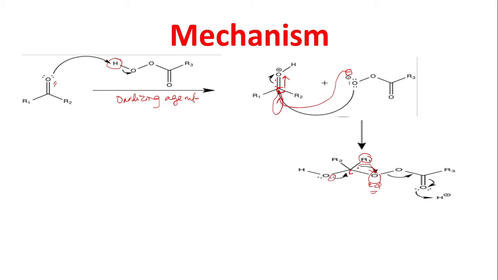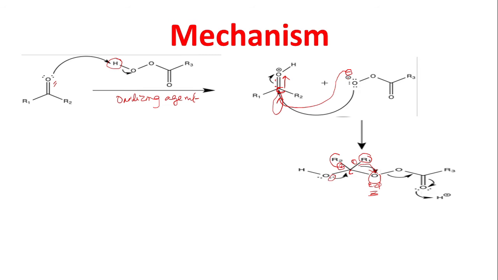So here it will depend: this is one bond and this is another bond. Which bond will move towards this oxygen depends on the migratory aptitude. In migratory aptitude, the group that stabilizes this electron-deficient oxygen center will move towards this oxygen.